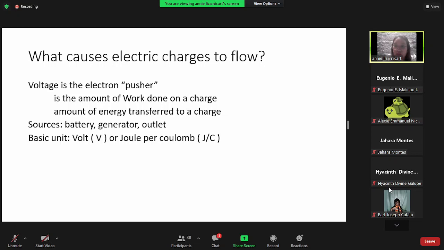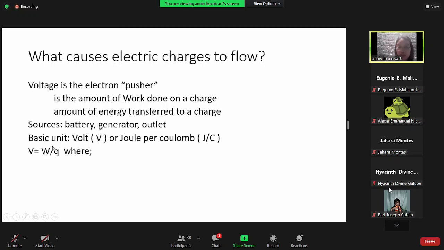Okay, 1 volt is the same as joule per coulomb or J over C. Okay, so ito yon from the definition, amount of work done on a charge. So we have V, the voltage, is equal to the amount of work done on a charge.